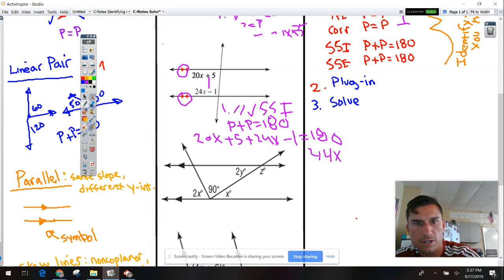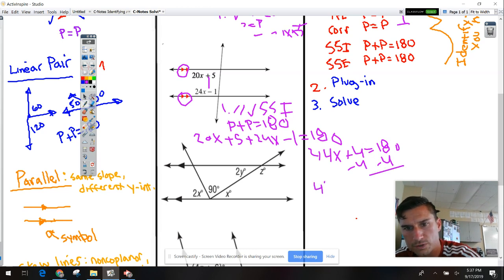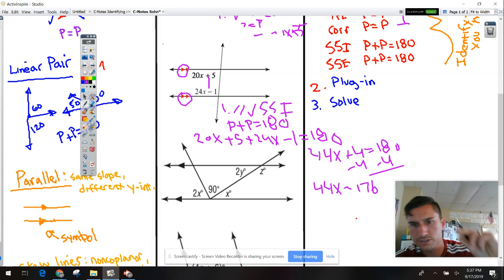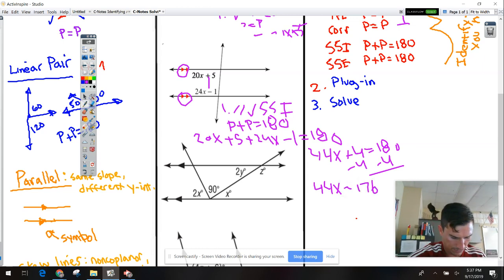Plus 5 minus 1 is 4. Minus 4, minus 4. So that's 44x equals 176. 176 divided by 44.